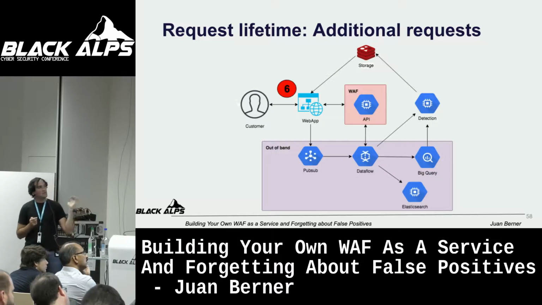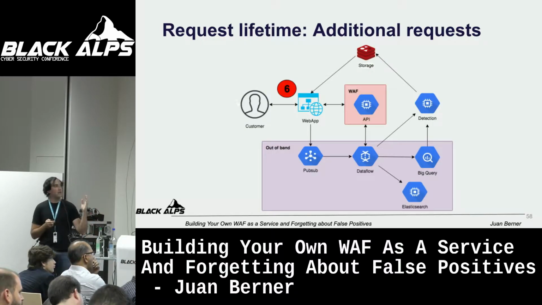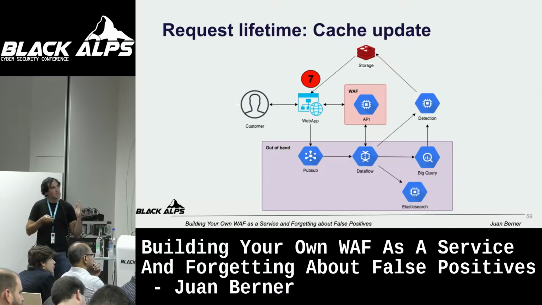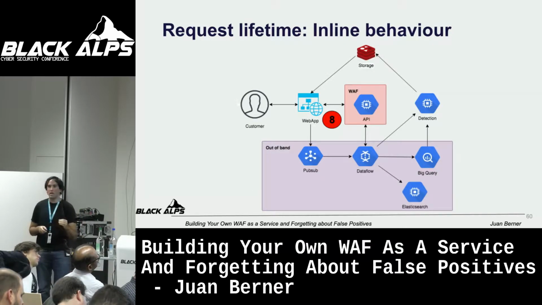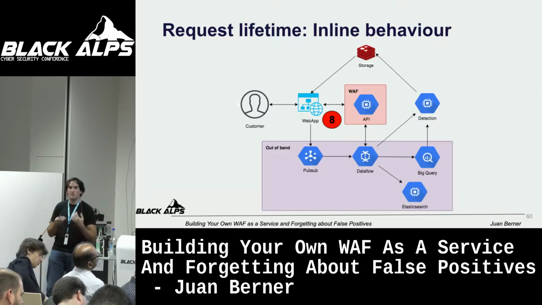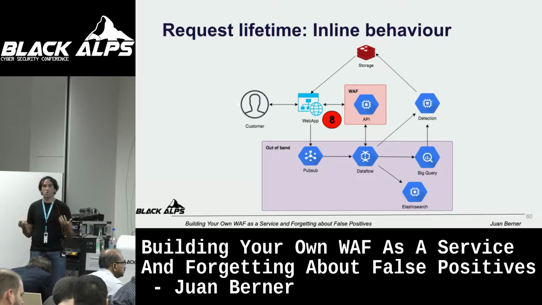Then for the next request, or the 7th request, or as many as needed for the out-of-band mode to think this is malicious, the web application gets that request, gets the cache update, and performs the inline behavior, because now it considers that this particular fingerprint should be inline. What this accomplishes is that you have the two modes going at the same time.